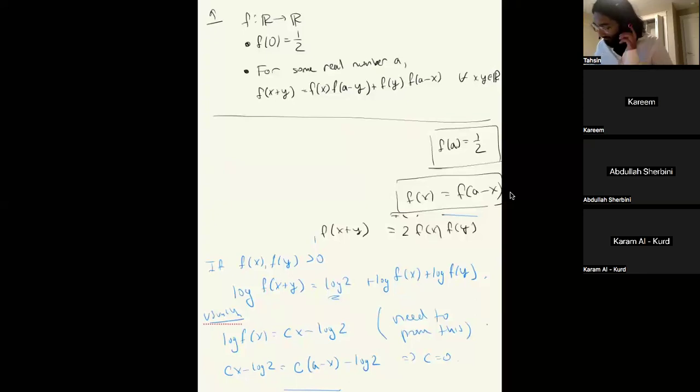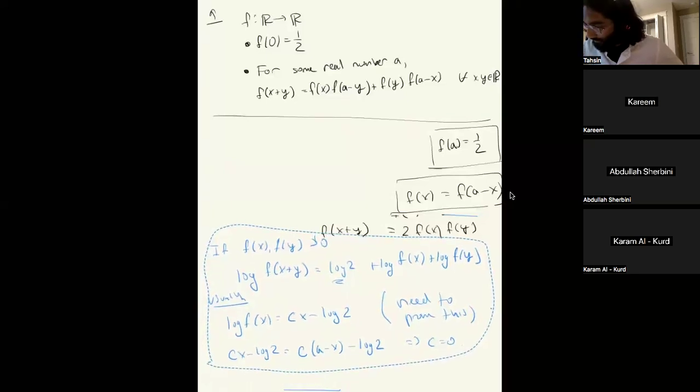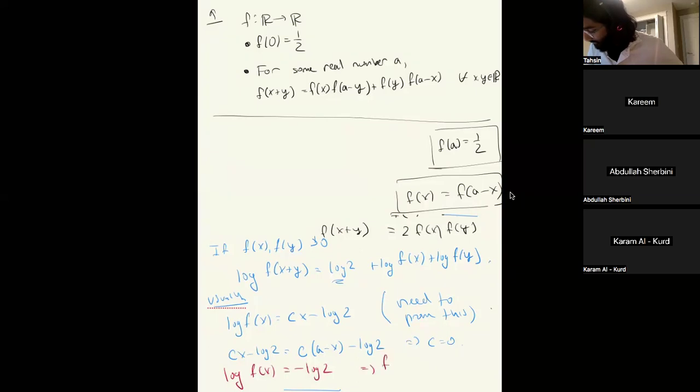So actually, what we want is log f of x. I think for this to really work, you need c equals 0, which means we should really have that log f of x equals minus log 2, which is the same thing as f of x equals 1/2, right?